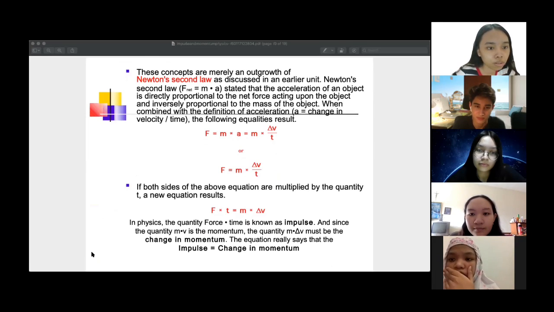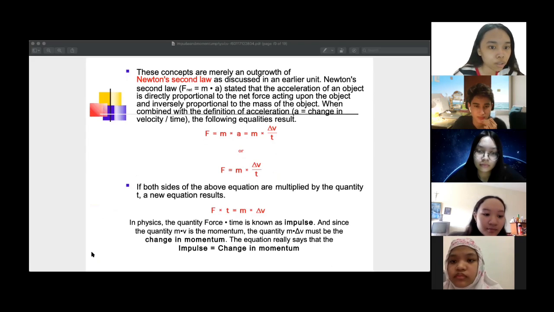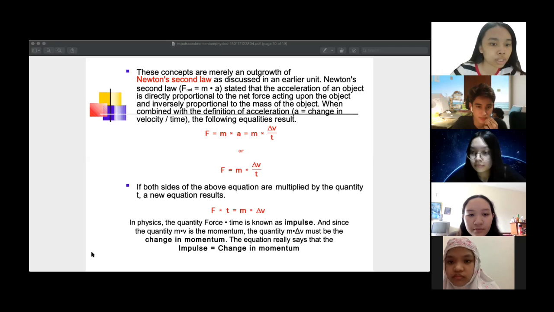Newton's second law, F net equals mass times acceleration, states that the acceleration of an object is directly proportional to the net force acting upon the object and inversely proportional to the mass of the object. When combined with the definition of acceleration, a equals change in velocity per time, the following equalities result.